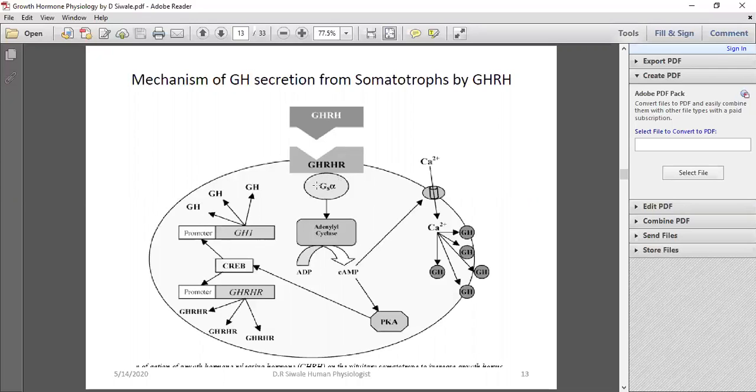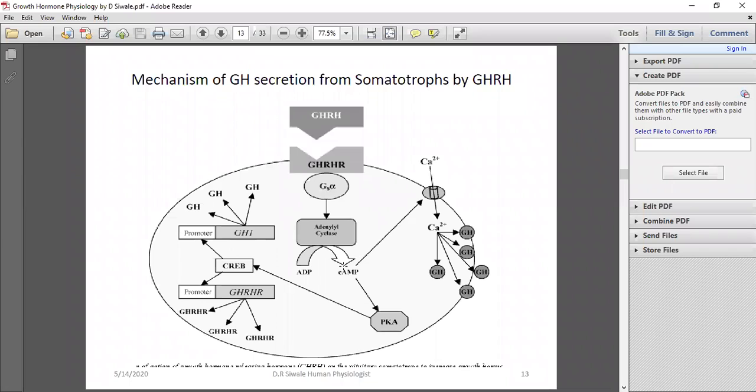So the alpha subunit comes out from the receptor, and then it activates this enzyme, adenylyl cyclase. Okay, this enzyme is located on the cell membrane. The purpose of this enzyme is to convert ATP, adenosine triphosphate, into cyclic adenosine monophosphate.